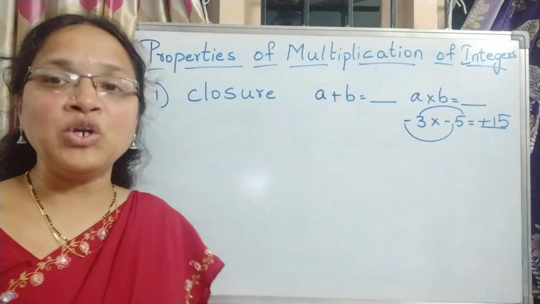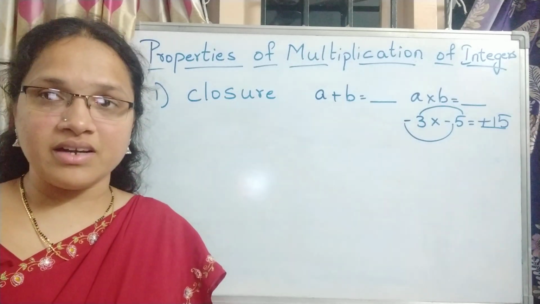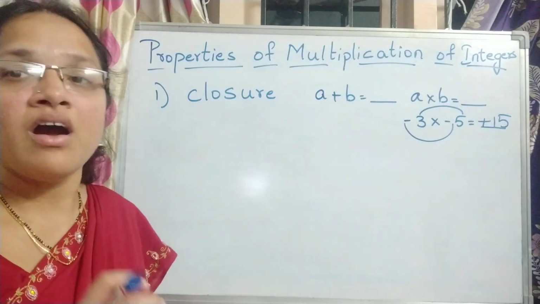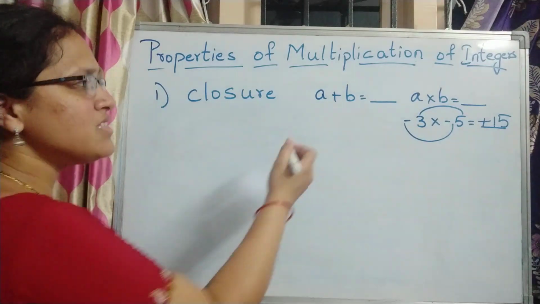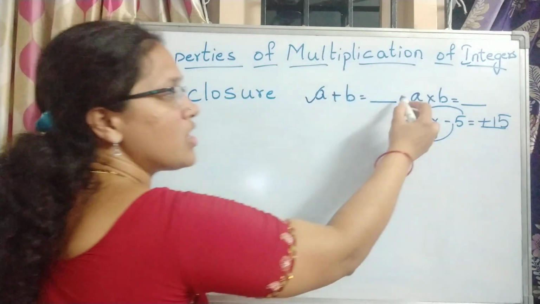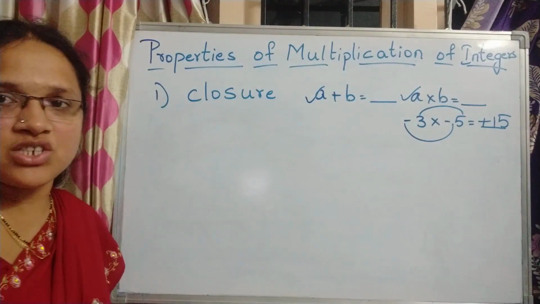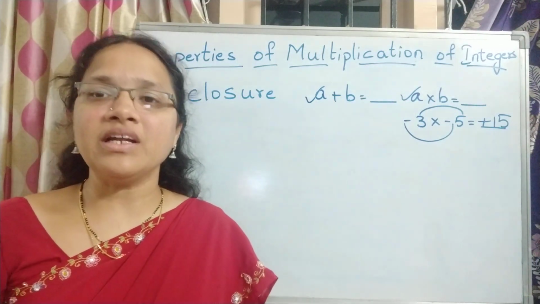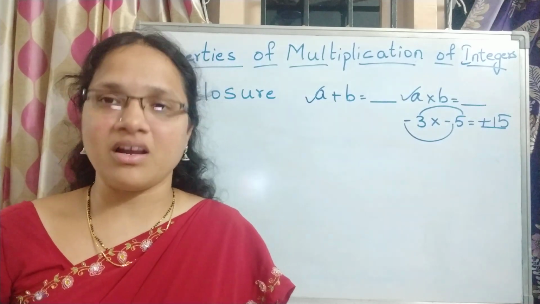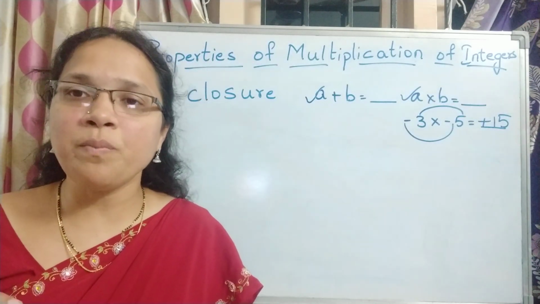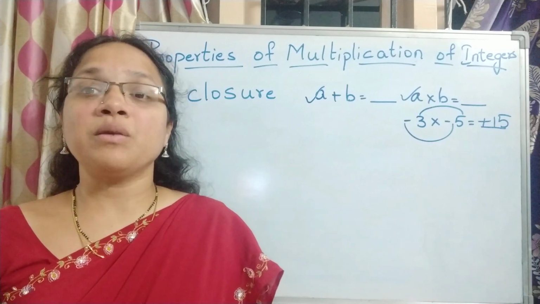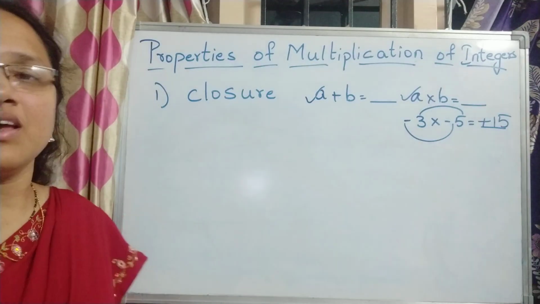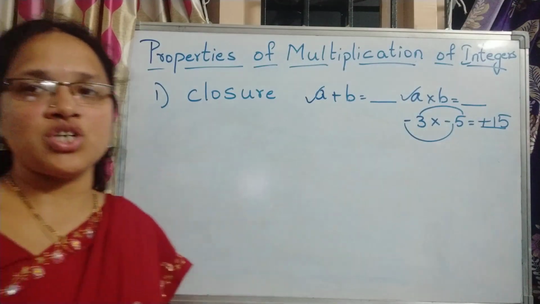So when you multiply two integers, you get a resultant as an integer. So closure property is satisfied under multiplication. As it is satisfied under addition, it is also satisfied under multiplication. So closure property definition is nothing but if two integers a and b are there, then the product of a into b is an integer. That is a closure property.